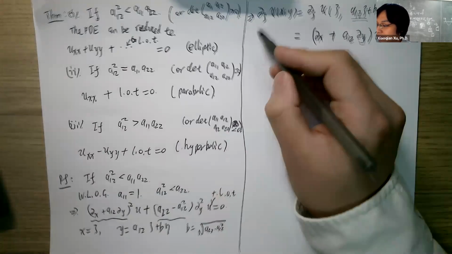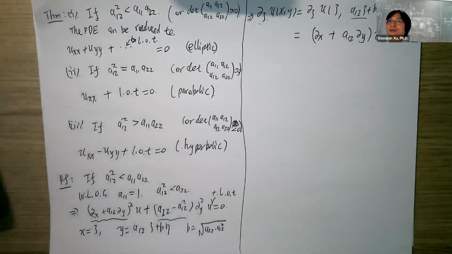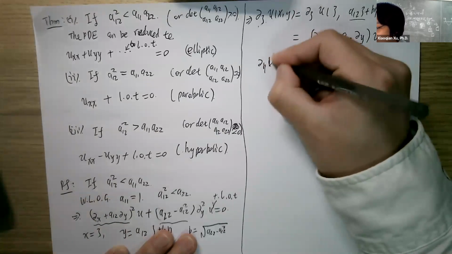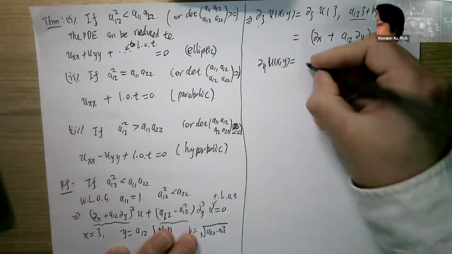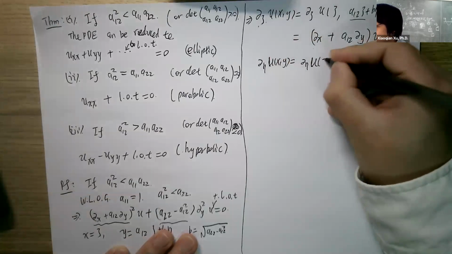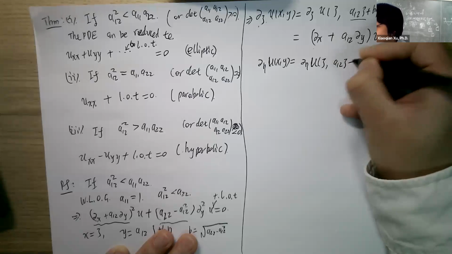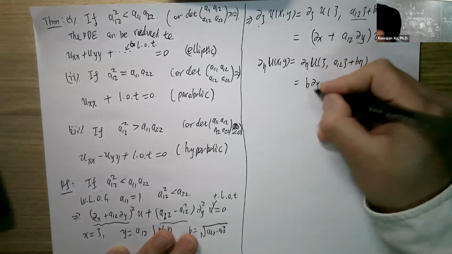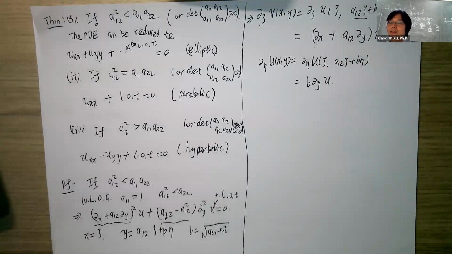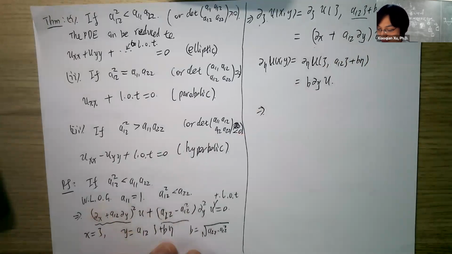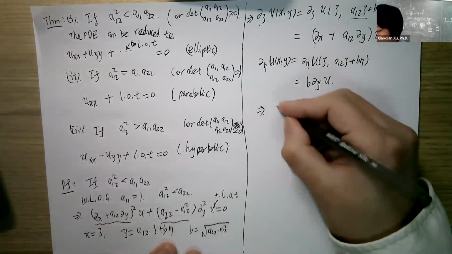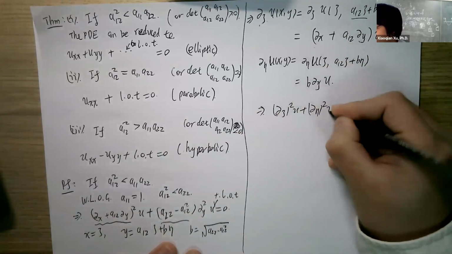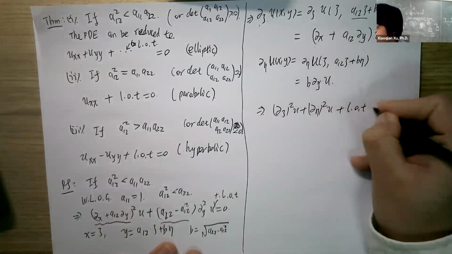This is just the chain rule. And partial eta of u is the same: a12 times 0 plus b eta gives b partial y u. So the differential equation you have is partial xi squared u plus partial eta squared u plus lower order term equals 0.